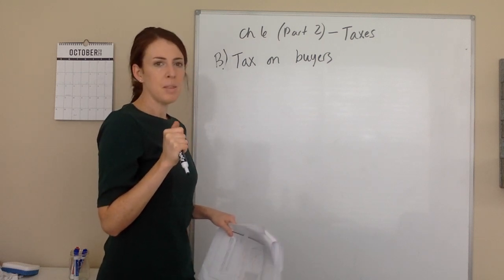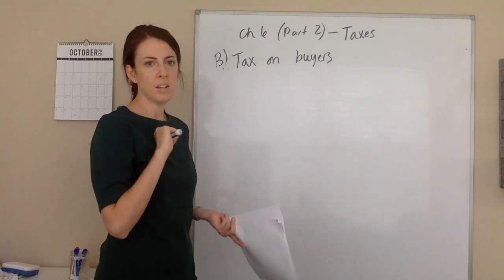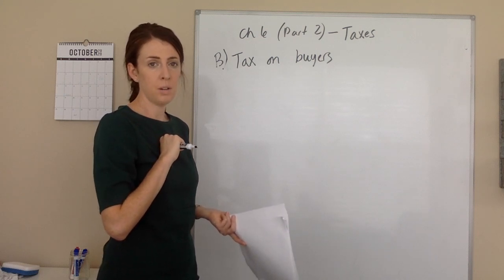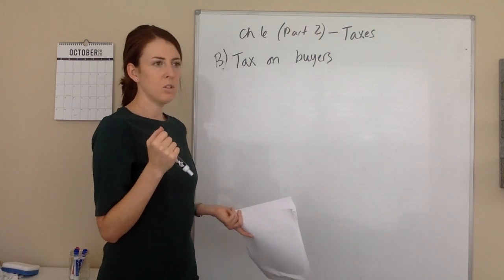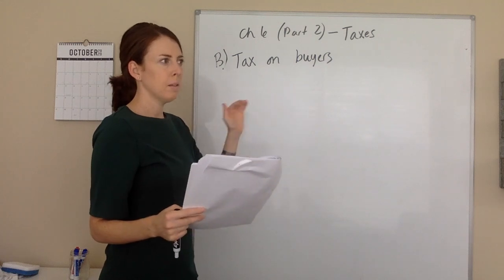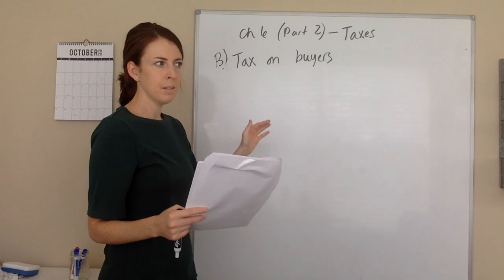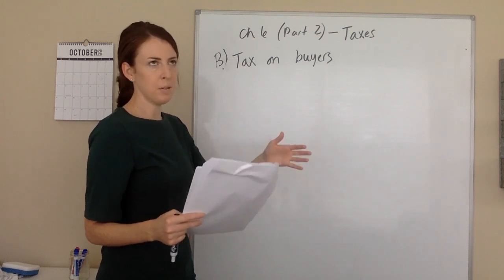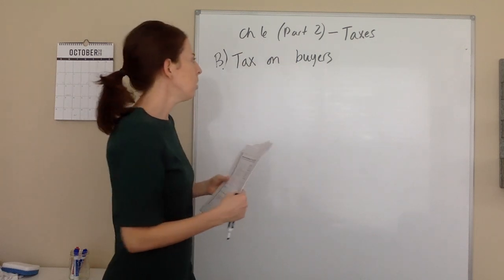If I'm shopping for a car, and the government levies a tax on consumers of cars, saying anytime you buy a brand new car, you have to pay a tax of $100, how does a consumer respond? They say, okay, I used to be willing to pay $20,000 for a car. Now I'm going to be willing to pay $19,900 for a car, because on top of that, I'm also going to have to pay $100 for tax. So that gets me back up to my original willingness to pay.